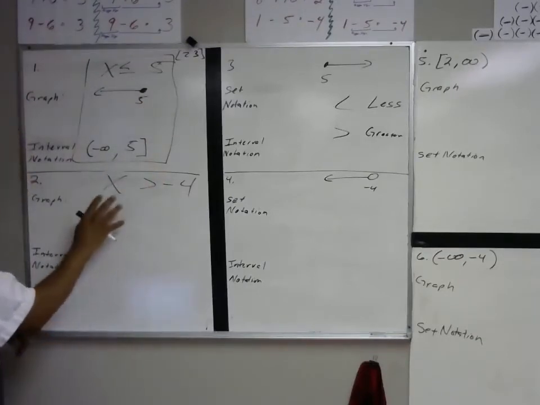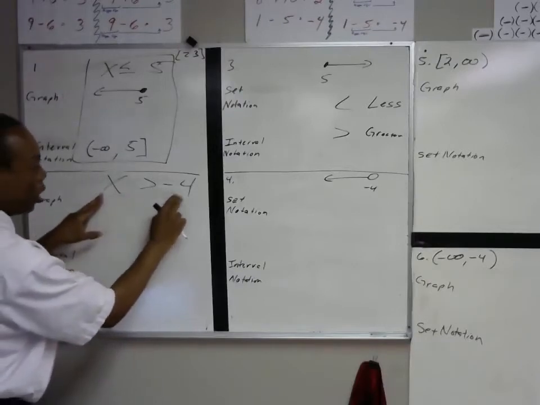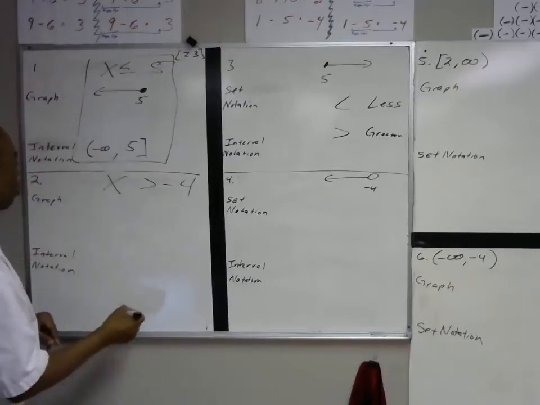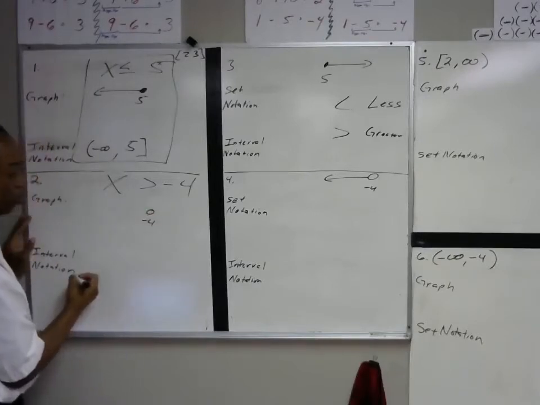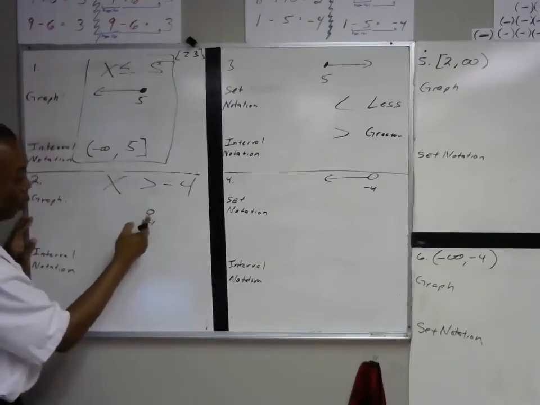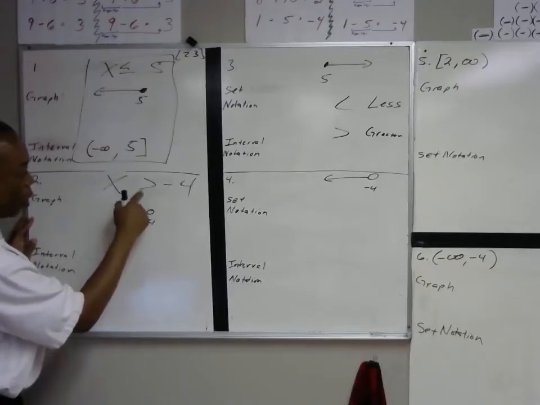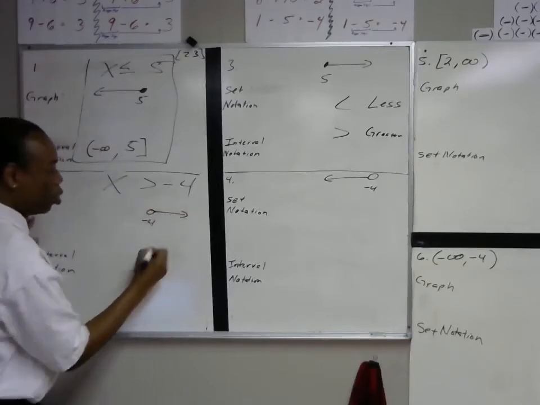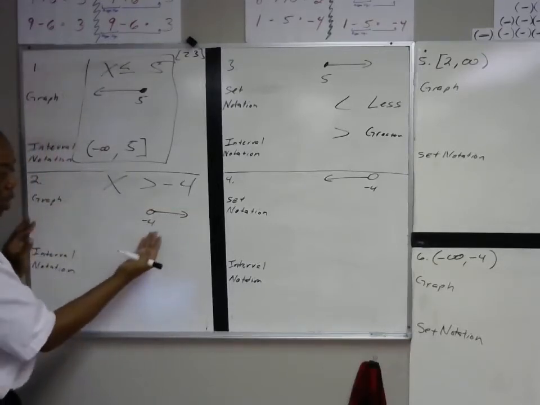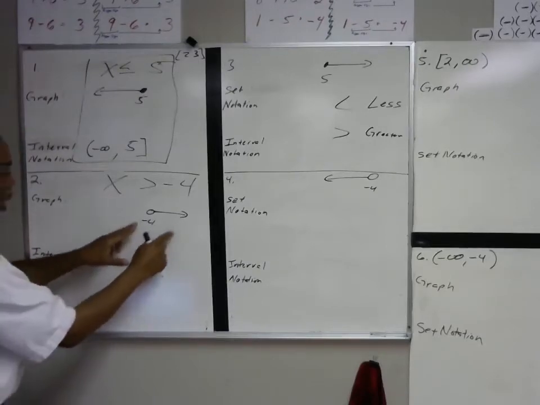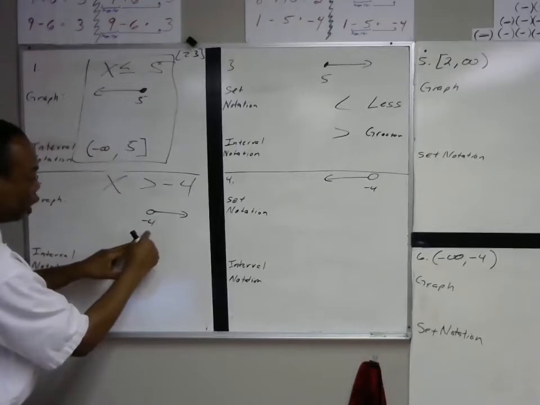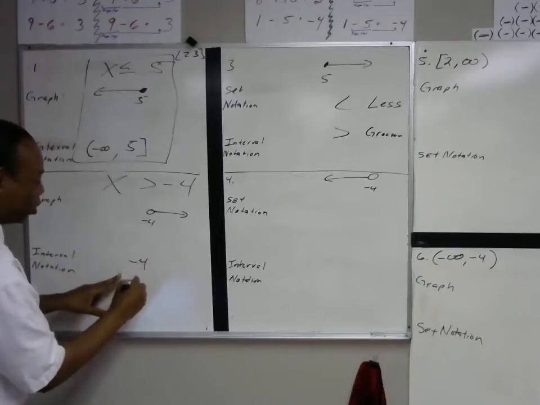Okay, once again, here we have x is greater than negative 4. The graph of that will be open at negative 4. That means negative 4 is not being used. And since it's greater than, we're going to go to the right. And that's the graph. Now, interval notation, if I look at the graph, I can see to the left, I'm only going as far as negative 4.